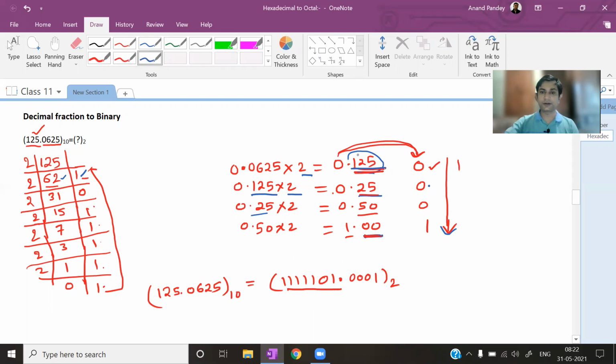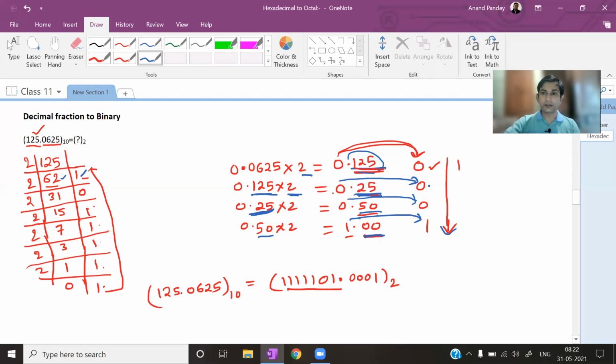Now again multiply with 2. Then 0.25 into 2, again we are getting 0.50. So take the integral part here and the fractional part for further calculation. Now 0.50 into 2 will be 1.00. So write the integral part here and the fractional part.